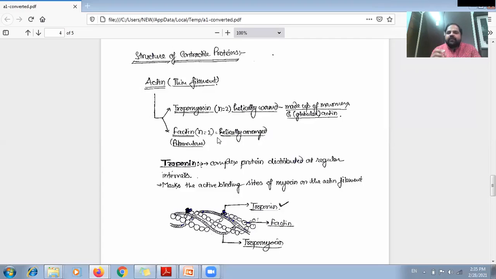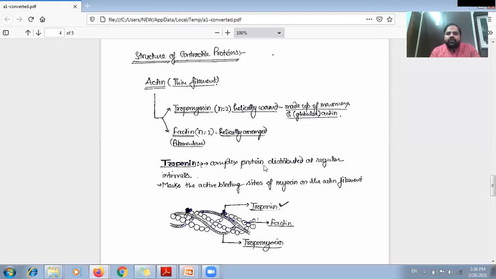And there is one more protein which is called troponin. This troponin is a complex protein which is distributed over this actin, or the 4 helically arranged structures, at a regular interval. And it marks the actin binding site of the myosin on the actin filament.